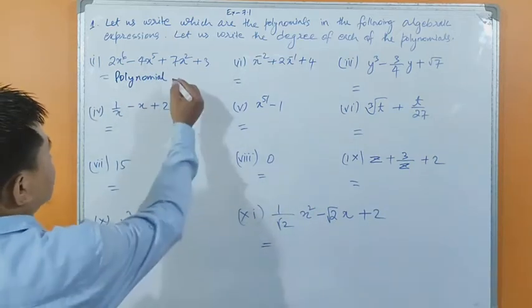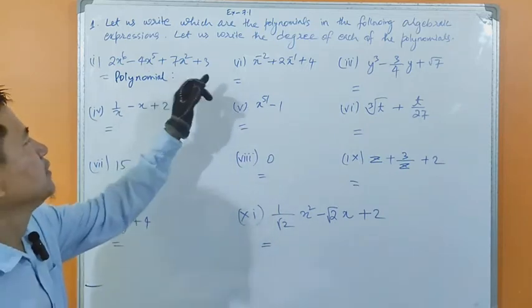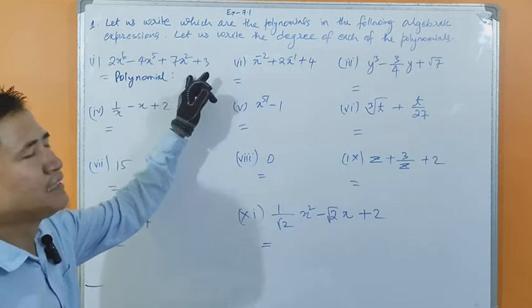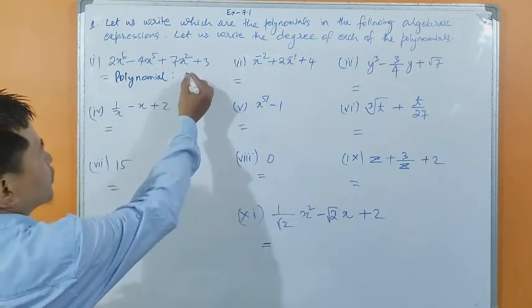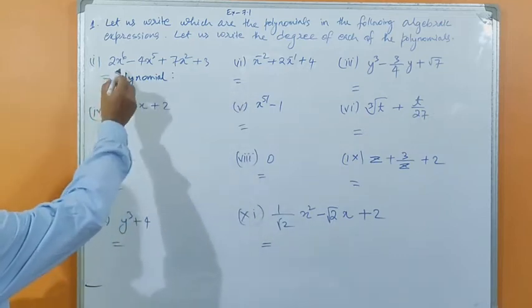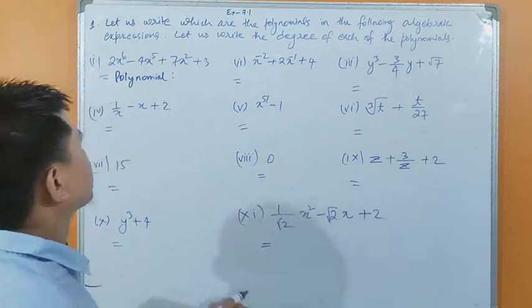Now let us write the degree of the polynomial. I don't have much space, so I am just writing the degree. The degree of the polynomial is the highest power of the variable, isn't it?